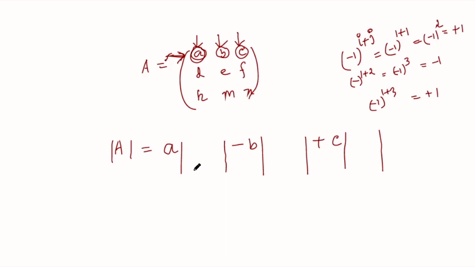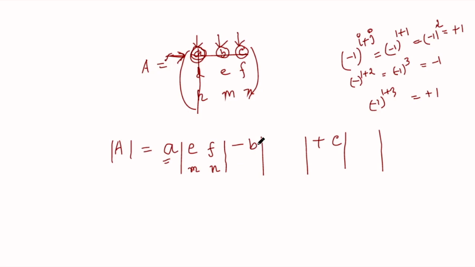And what will be here? The submatrix. You need to eliminate the corresponding row and column where the entry is located. Since you are working with a, and a is located in the first row and first column, if you eliminate the first row and first column, the remaining matrix will come here: e, f, m, n.